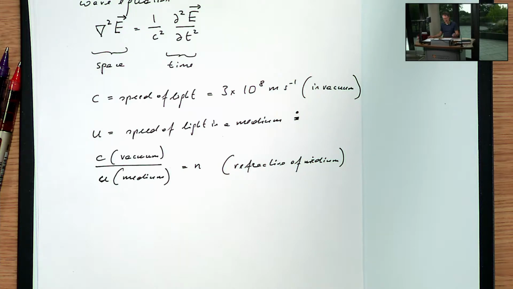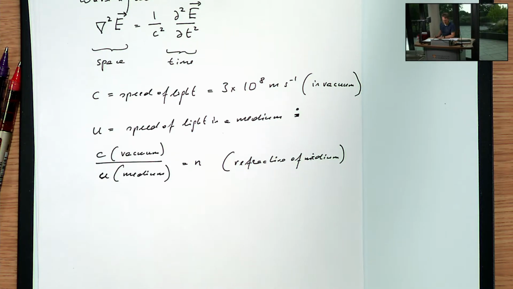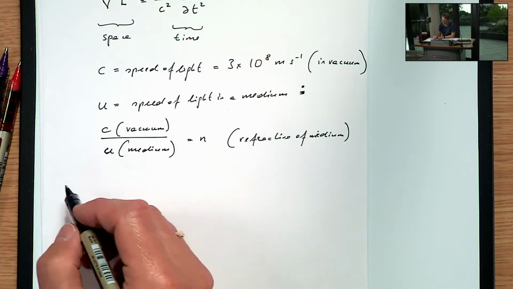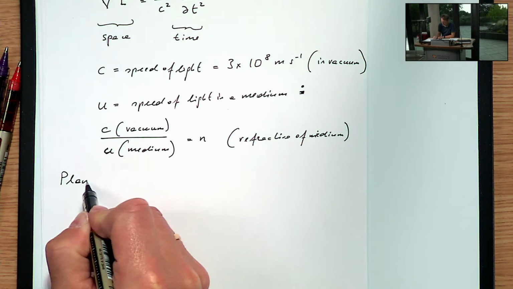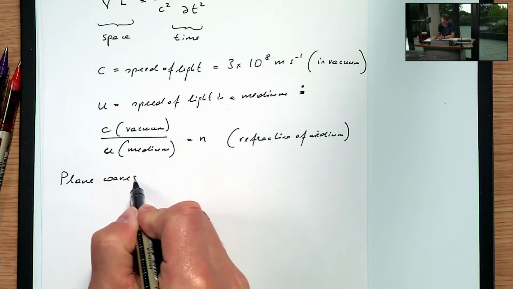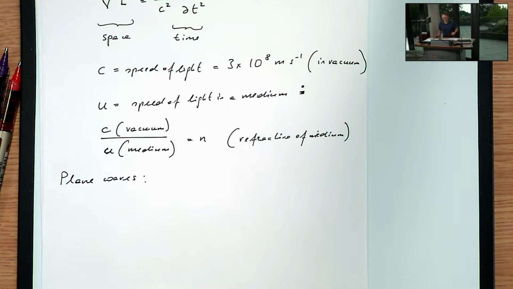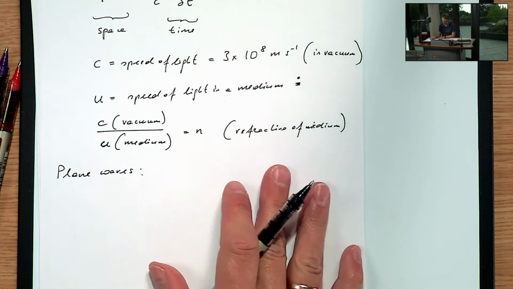Now the first thing we would like to look at is the concept of plane waves. In Cartesian coordinates, you can write plane waves as follows.